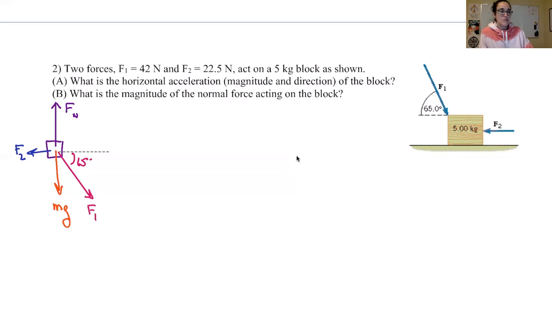Okay, so the first thing we have to do is figure out the acceleration. To do that, we have to consider any force that has a horizontal component. So that force F1, I'm going to start off by breaking F1 into components.